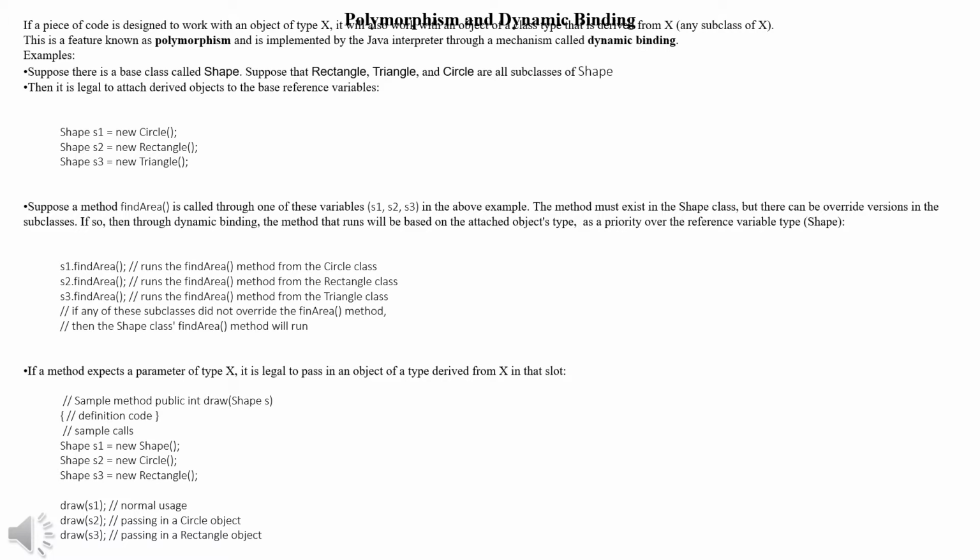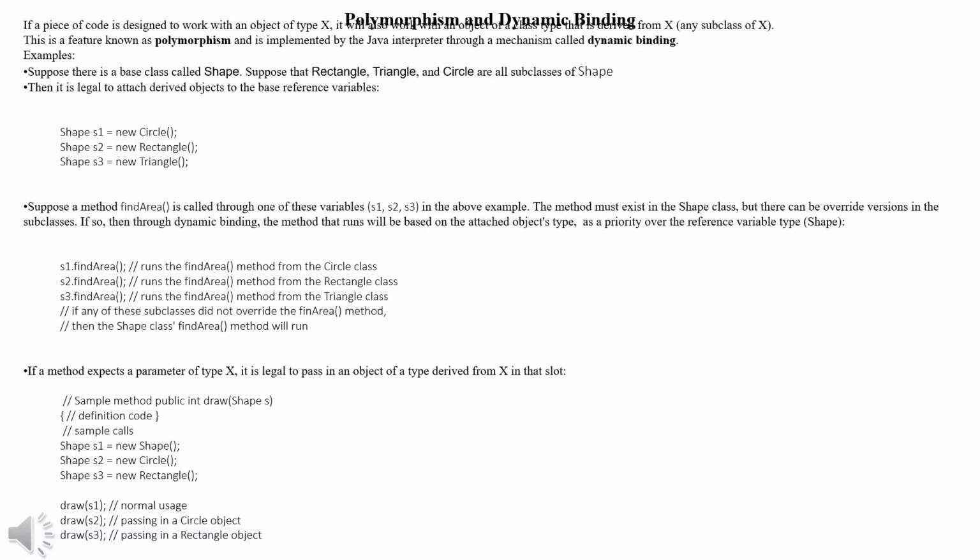So draw(s1) will run the method draw with s1 as the parameter. draw(s2) will run the method draw by passing s2 as the parameter.